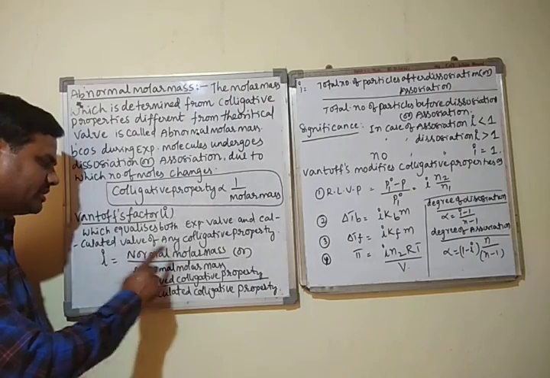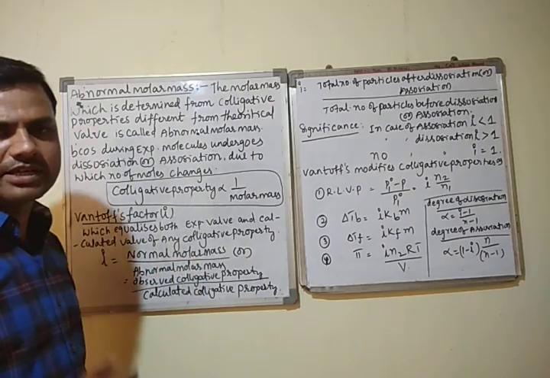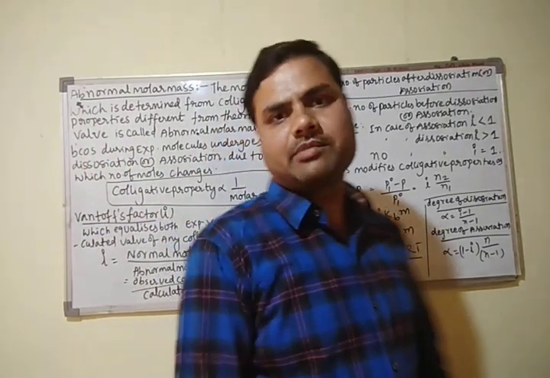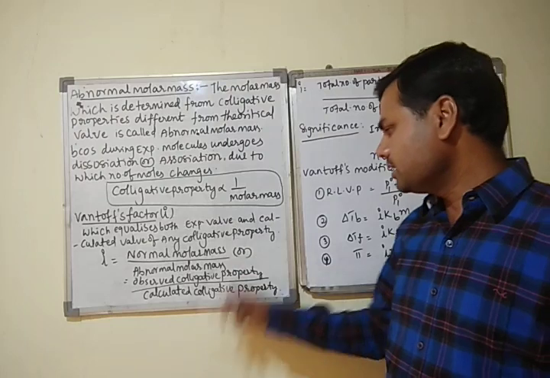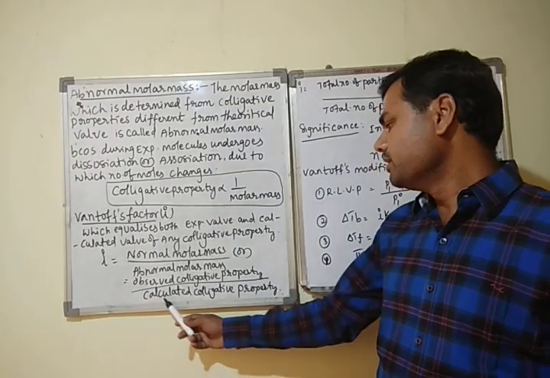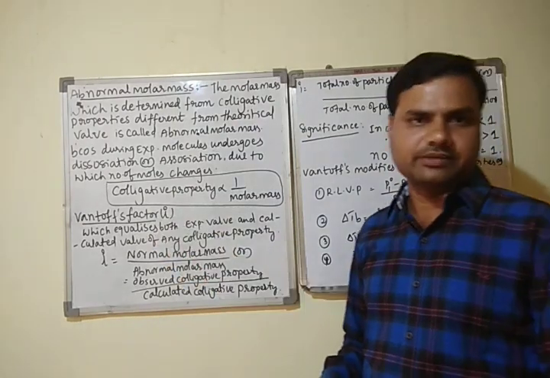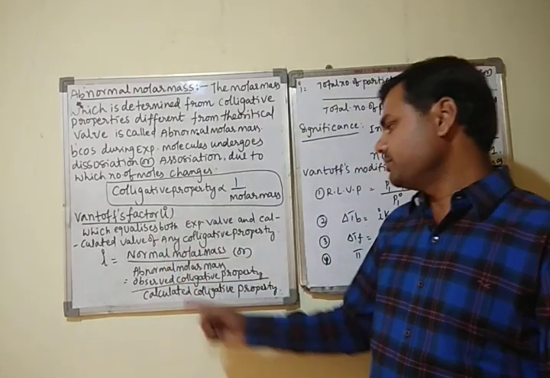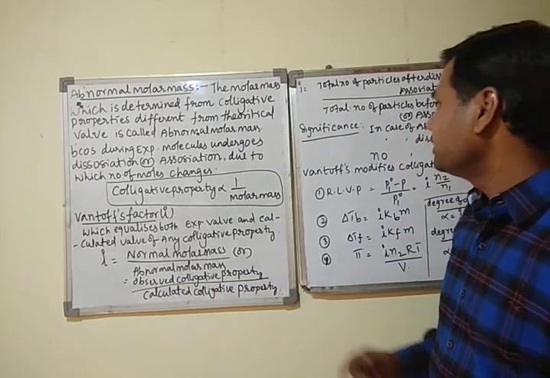First formula, it is a ratio between normal molar mass and abnormal molar mass. It is a ratio between what? Normal molar mass to the abnormal molar mass, or observed colligative property by calculated colligative property. Also use what factor? Van't Hoff factor, right? So it is a ratio between observed colligative property to the calculated colligative property.